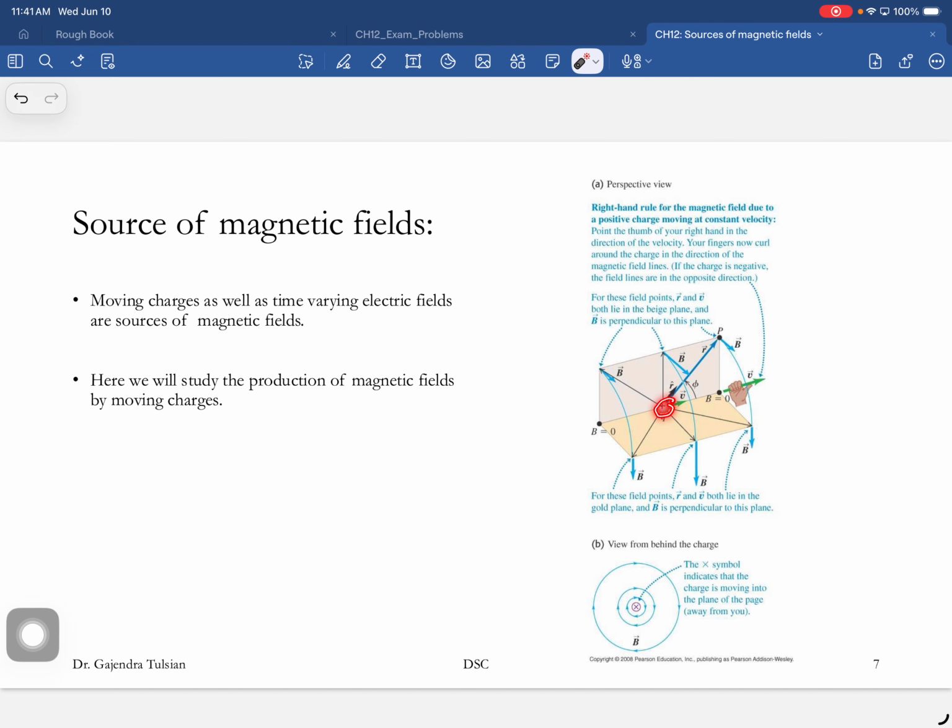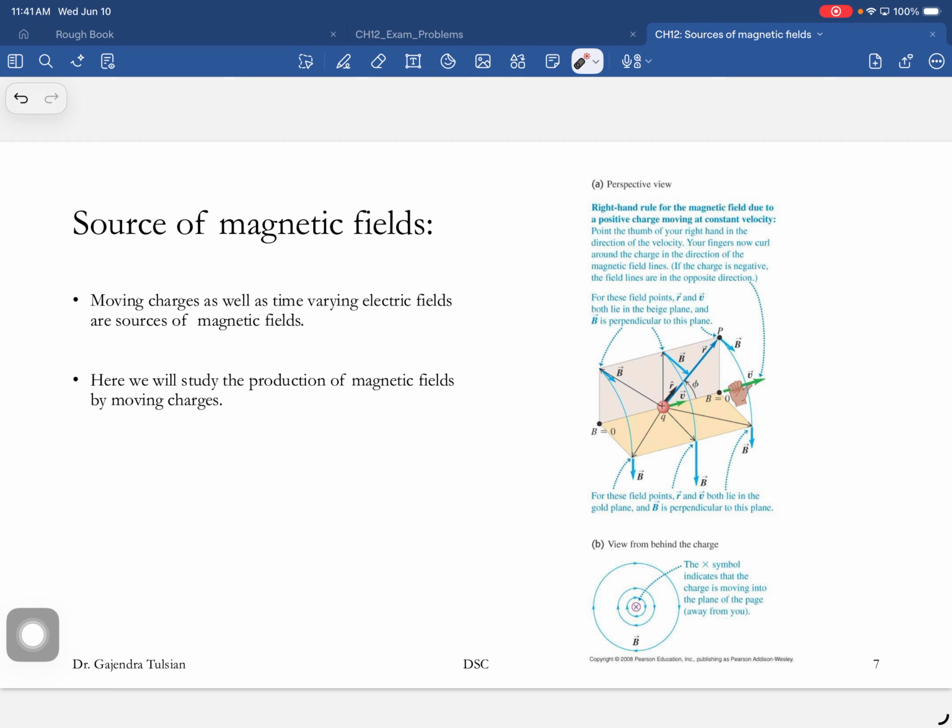So here is the charge. And for now, what is the simplest motion you can think of? Linear. So linear motion at constant velocity, and that's what we're going to do. Our charge is going to move at constant velocity, so its magnitude and direction are constant. And we'll look at the field produced by that.